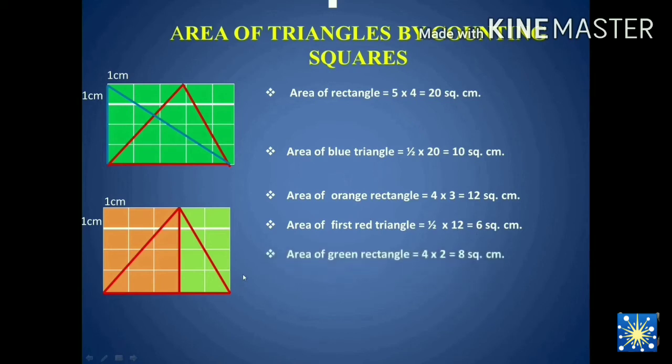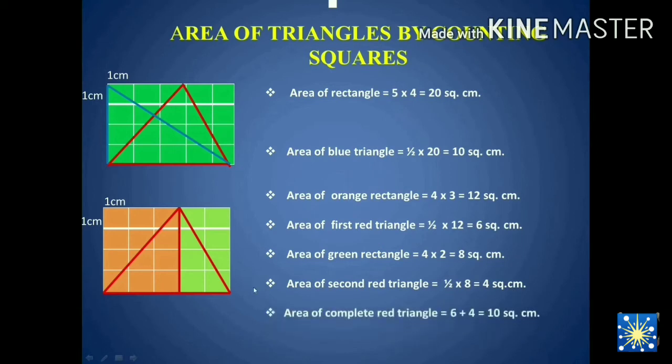Next, area of green rectangle is equal to 4 multiplied by 2 equal to 8 square centimeter. Area of second triangle equal to half multiplied by 8, that is equal to 4 square centimeter.